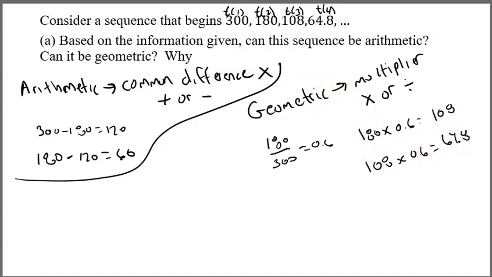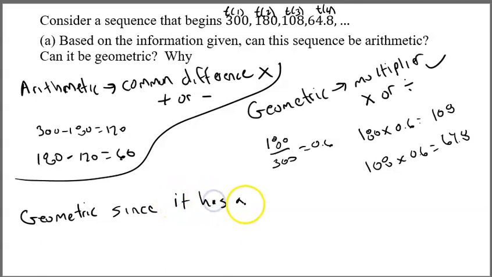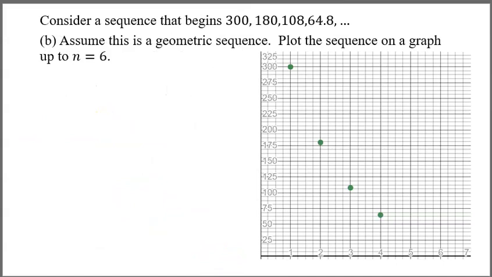So it looks like this is geometric. And the reason? It's geometric since it has a multiplier of 0.6. That's why.